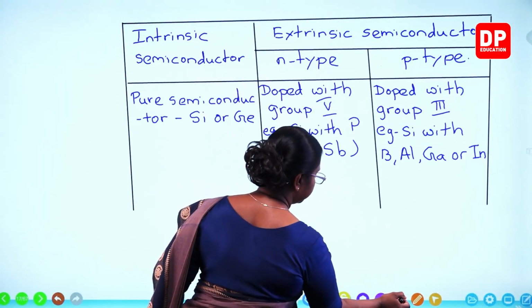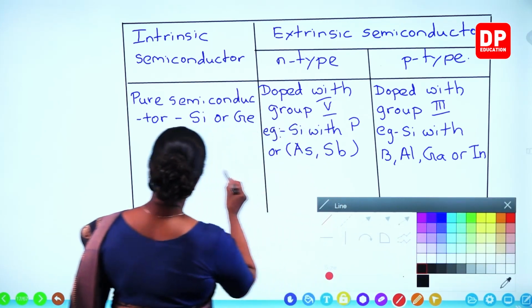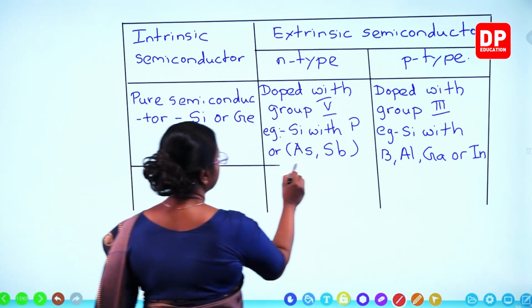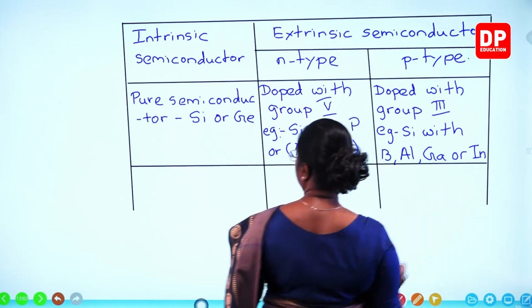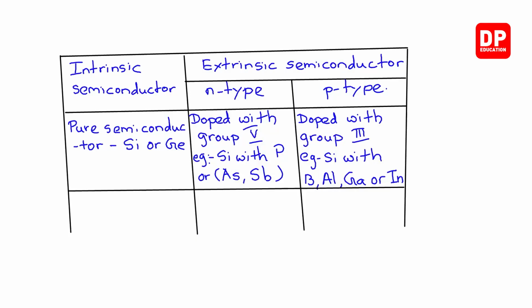Now if you consider the number of electrons and holes here. Here number of electrons equals number of holes.